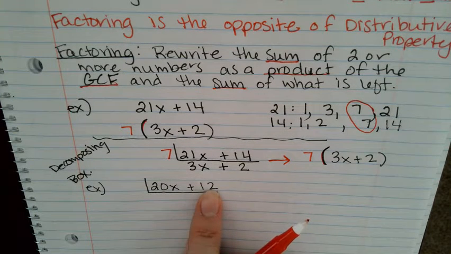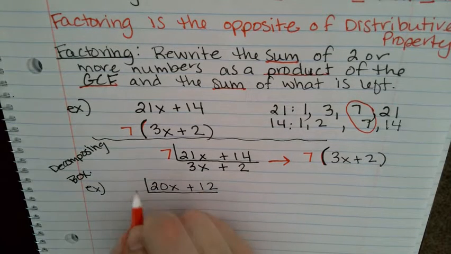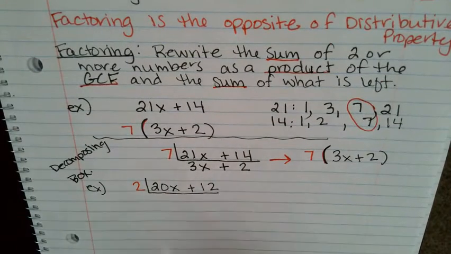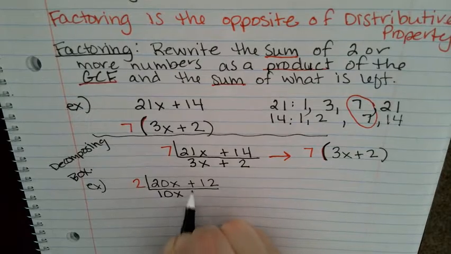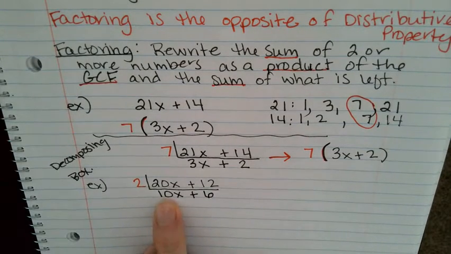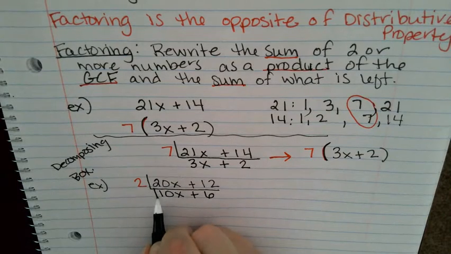I always think about what numbers can go in 2, 3, 5. Those are my go-to numbers, 2, 3, 5. And I know that 2 goes into 20 and 12. And when I do that, half of 20x is 10x, and half of 12 is 6. But notice that 10 and 6 are both still even, so they can be divided by 2 again.